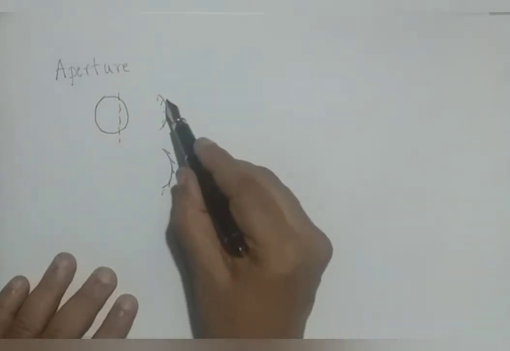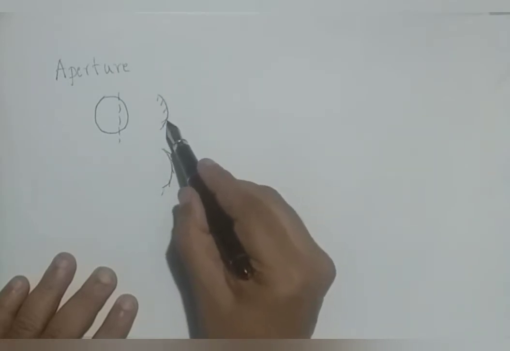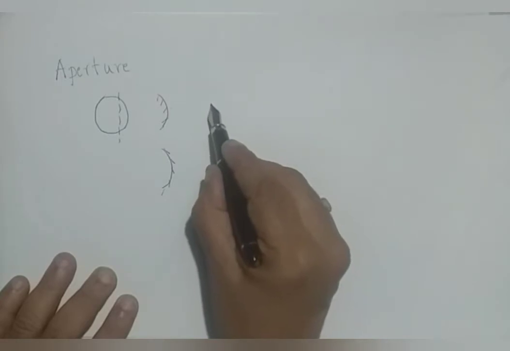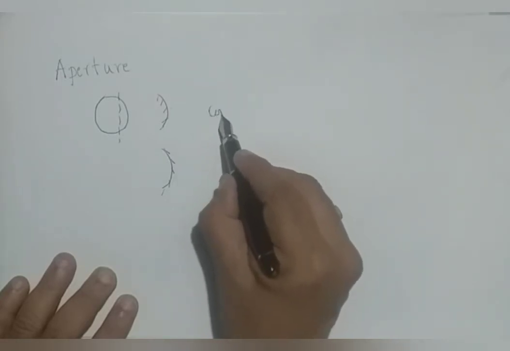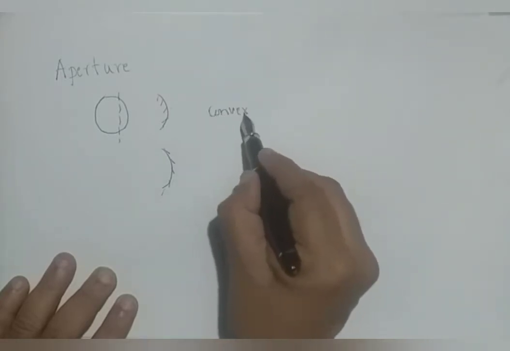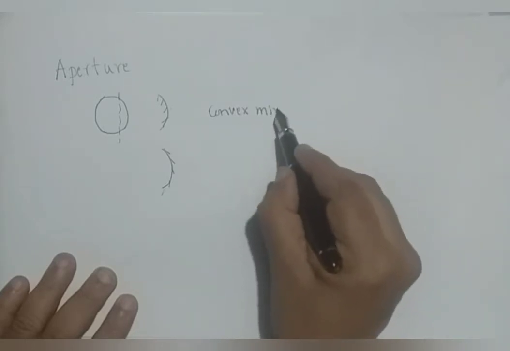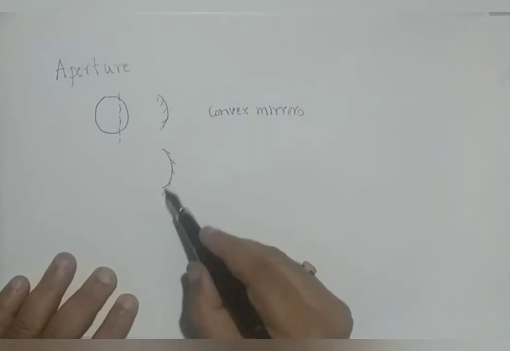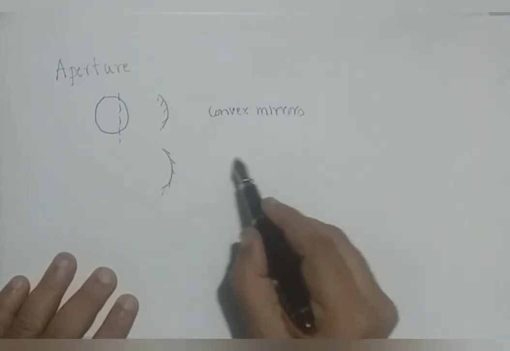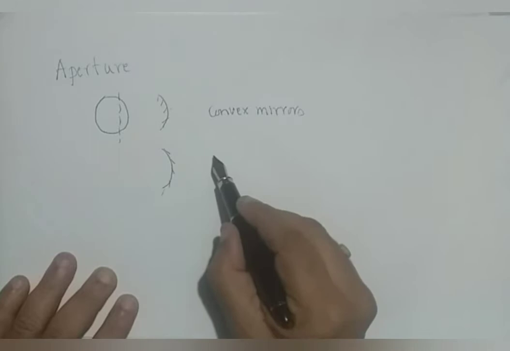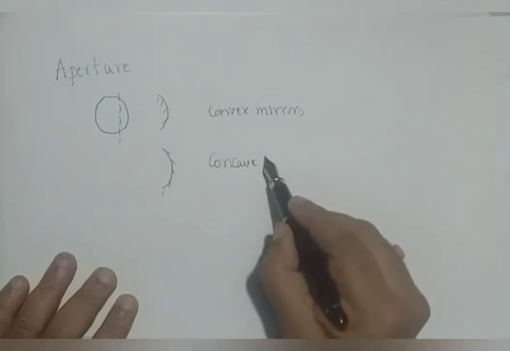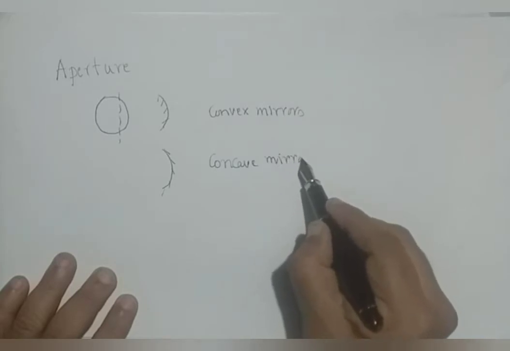Therefore, when the outer surface becomes reflecting and the inner surface becomes non-reflecting, this type of mirror, as you know from your high school classes, is called a convex mirror. And once the inner surface becomes reflecting and the outer surface becomes non-reflecting, it is called a concave mirror.